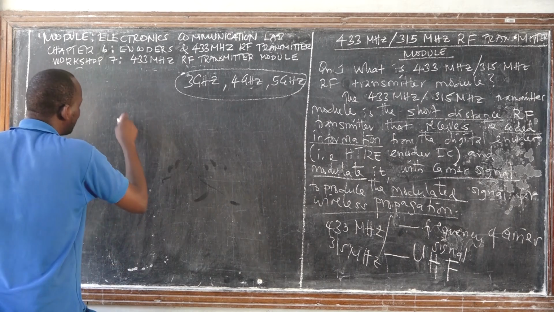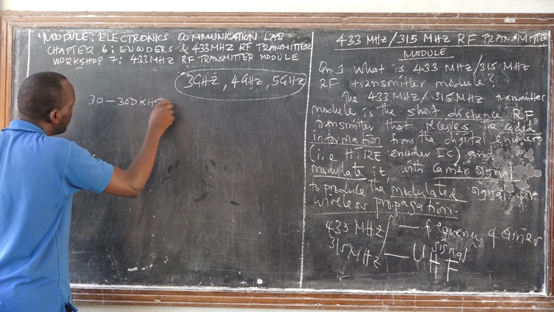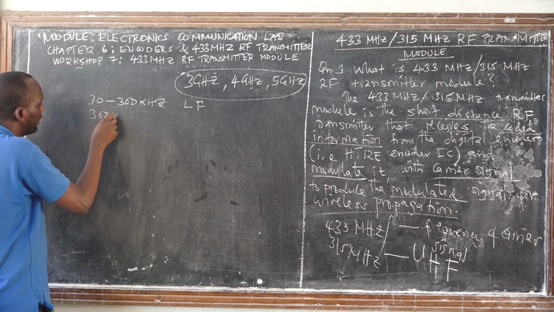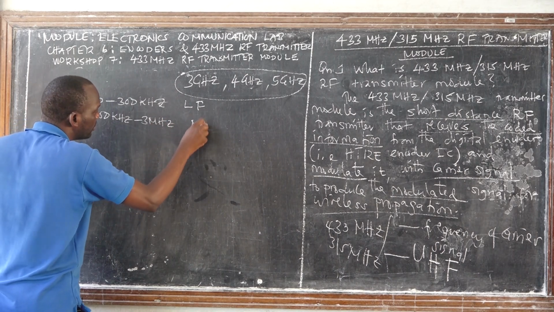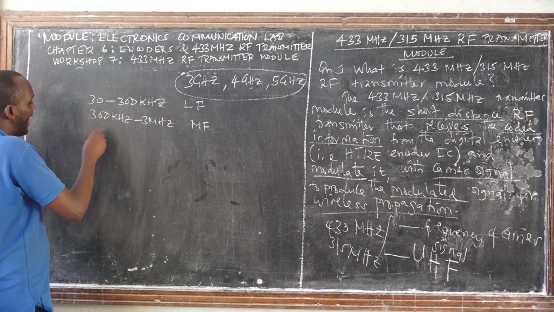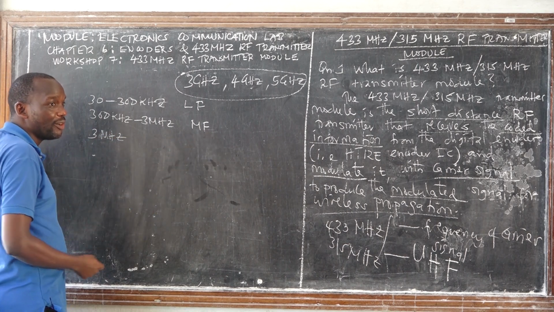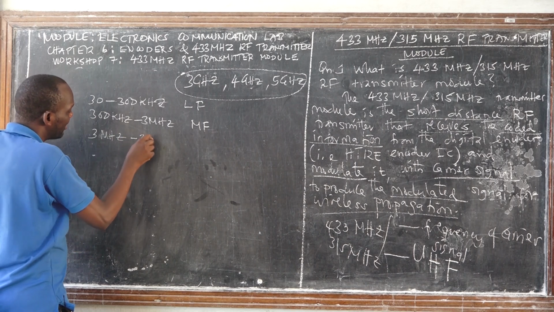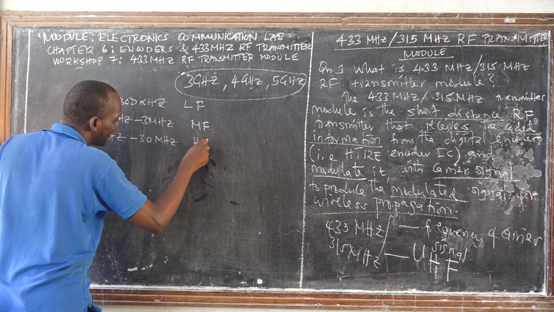Why? We say that from 30 to 300 kilohertz, in telecommunication we call it low frequency. Then from 300 kilohertz to 3 megahertz, we call it medium frequency, MF.